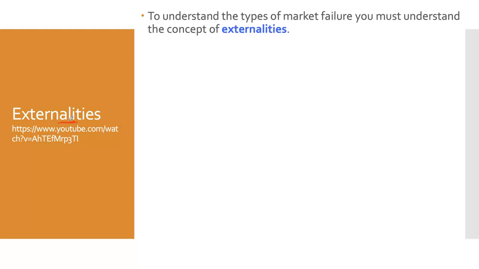And before we do that, we need to understand this concept of an externality. To understand market failures, we must understand externalities. And this is a type of market failure itself, but it covers so much of the other market failures as well.